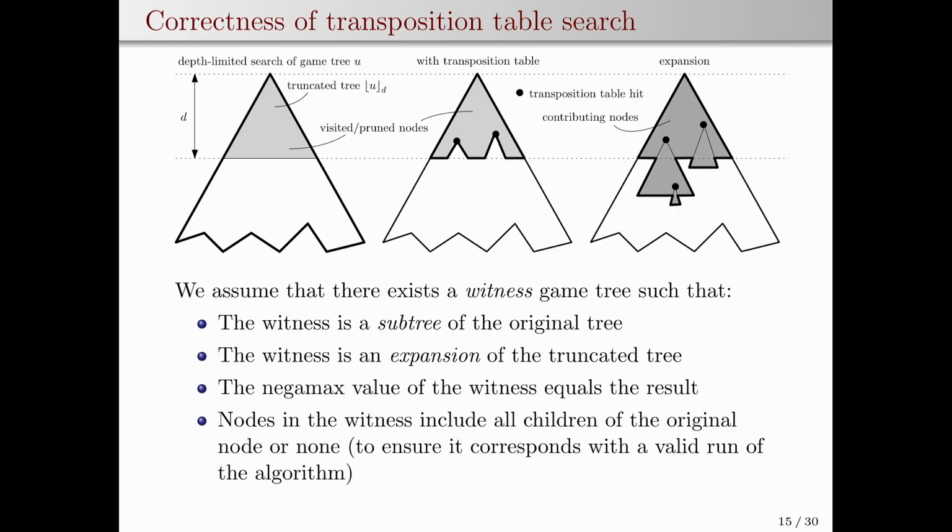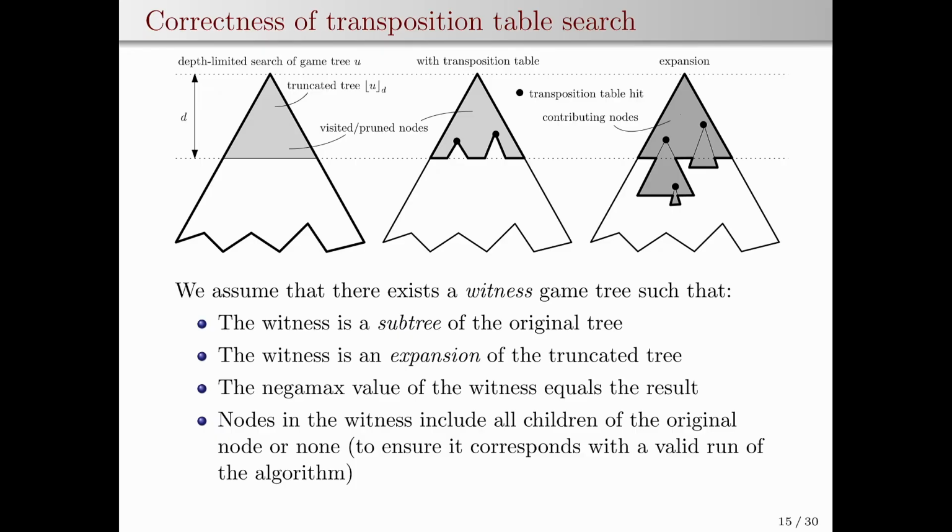It should include the full tree until depth D, because we have a search of depth D. And lastly, that's more for soundness, if we have a node in a witness, it should include all the children of the original node or none, but not just a selection, because then you get very weird trees that correspond in no way to Minimax. So you have either all children or you just leave them all out.